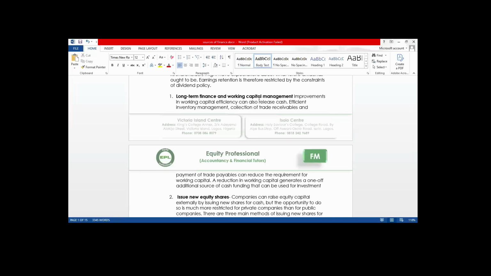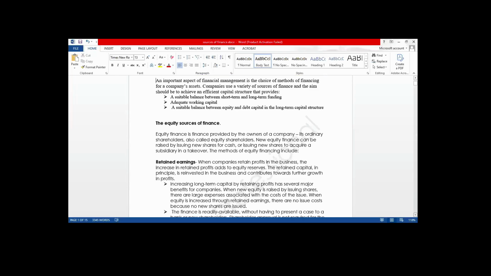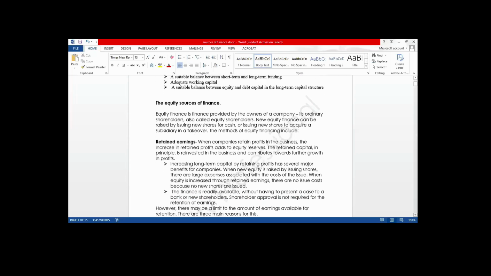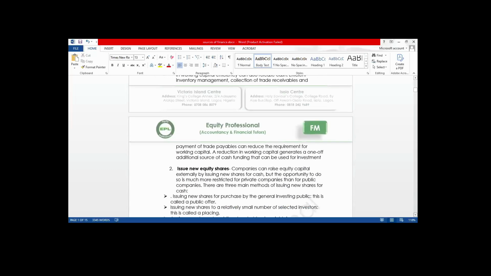If you are able to manage your inventory very well, you are able to manage your trade receivables very well, you can generate a cash flow on one-off basis that you can use to finance your business.